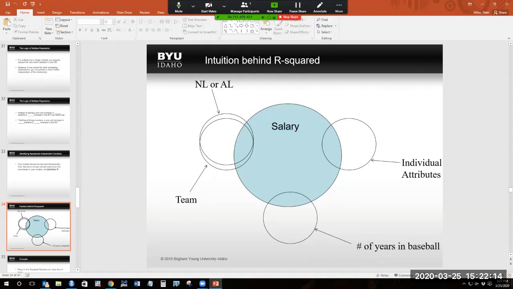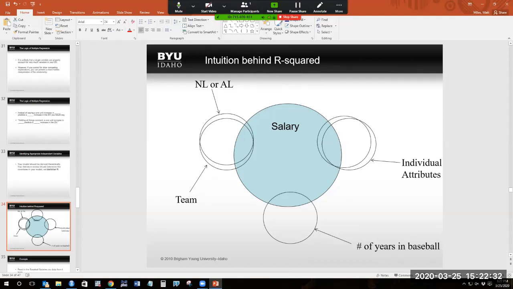So what we're trying to do in social science research is, after we know all the stuff that everybody knows, you want to put all that in your model and find a new variable that explains new variation and doesn't explain any variation that's already been explained.